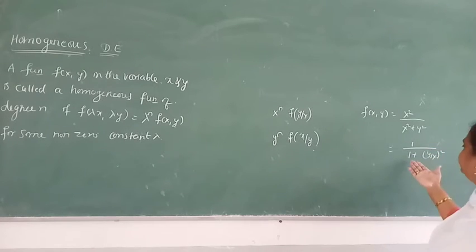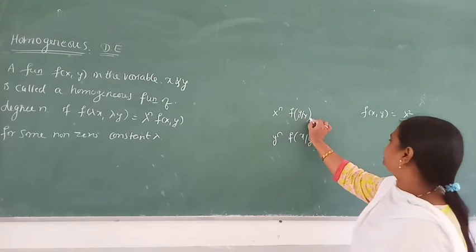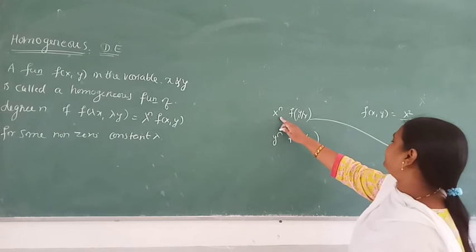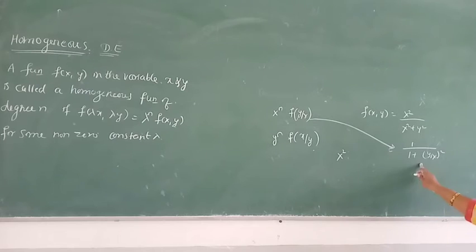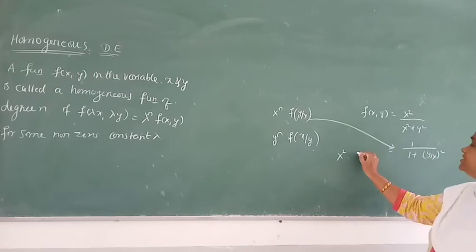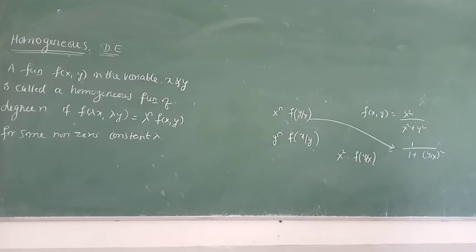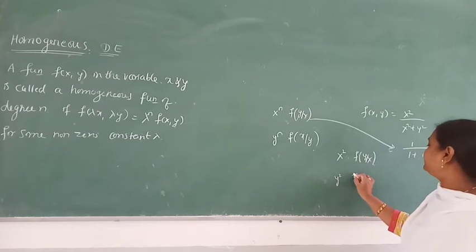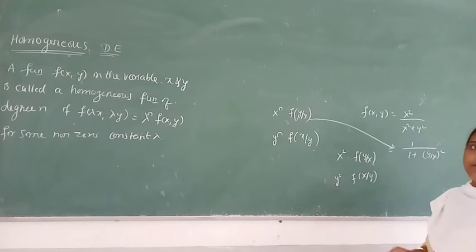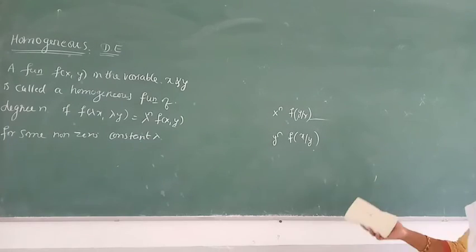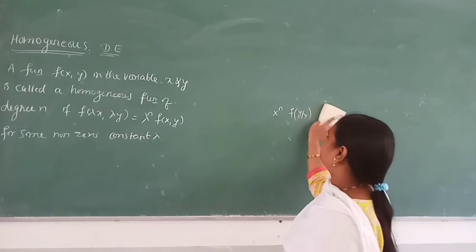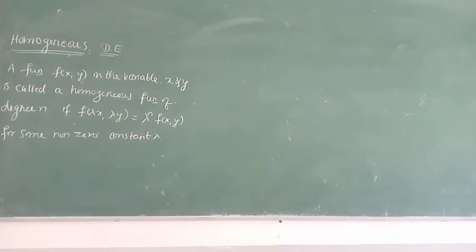Here by taking x to the power 2 common, we get it in the form of f of y by x. Suppose if I take y to the power 2 common, we get it in the form of f of x by y. Means for solving the example, we can convert it either in the form of x to the power n f of y by x, or y to the power n f of x by y. Okay, then we can do the simplification.